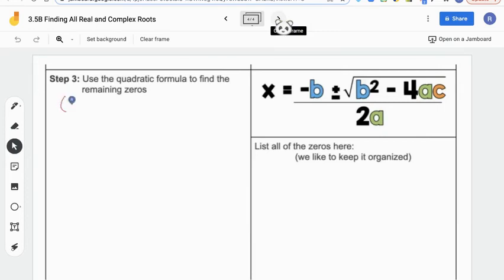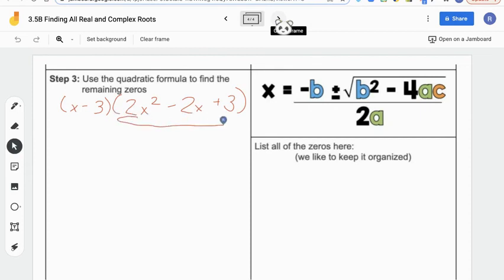So now that we have that, I'm going to transfer that into this part here. It was x minus 3 times 2x squared minus 2x plus 3. And so now we need to continue to factor this part in order to find those complex roots.